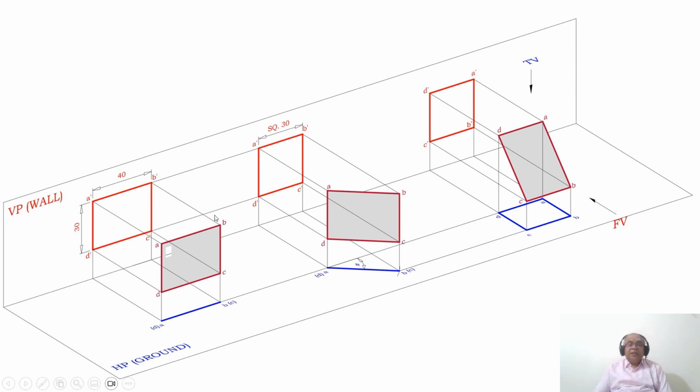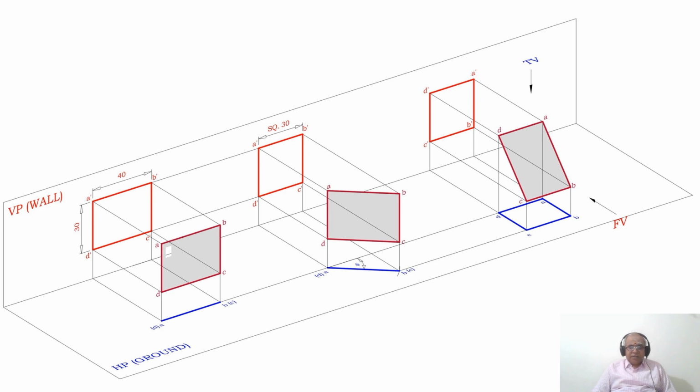How to rotate this? Because the longer side of the mirror appears perpendicular to both HP and VP. Why does he say appears perpendicular to both HP and VP? Because once the line is perpendicular in one plane, in another plane it should be parallel. If it is parallel to HP and perpendicular to VP, then in VP you must get a point. Similarly, if it is perpendicular to VP and inclined to HP, then what happens?